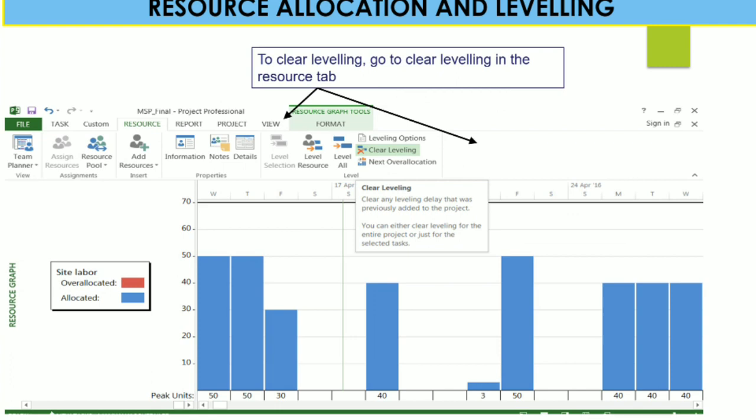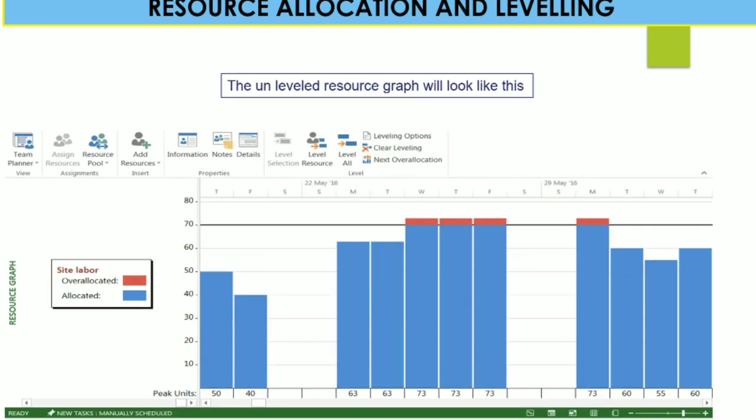Now clear leveling. If I want to clear the leveling that had been done by Microsoft Project automatically, go to the Format tab and go to the Clear Leveling option in the resource section. Clear leveling deletes any leveling previously added to the project, so the graph will show like this.